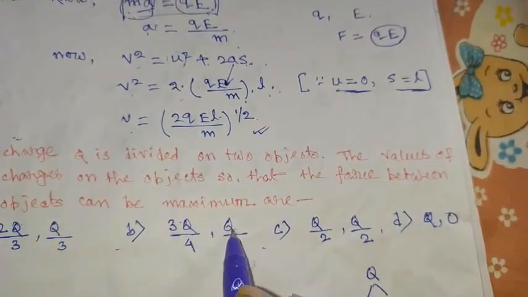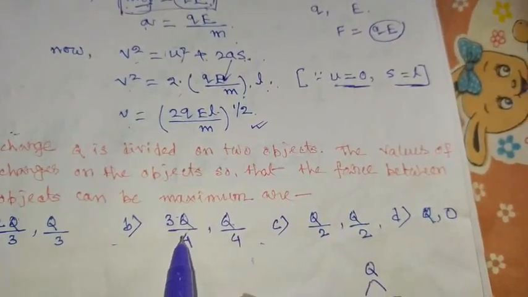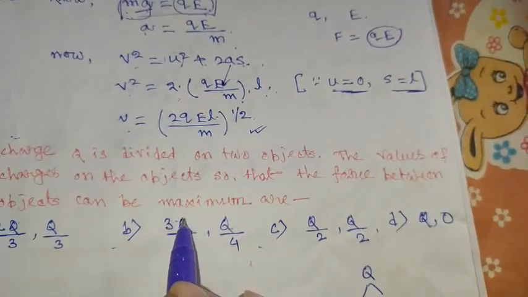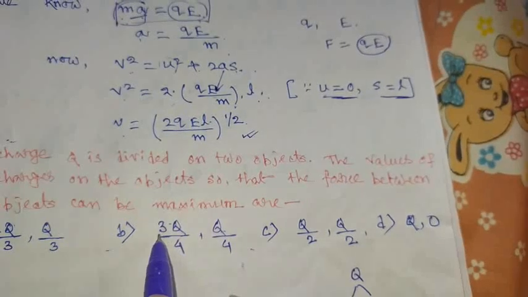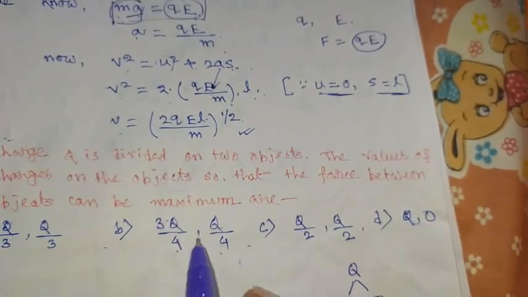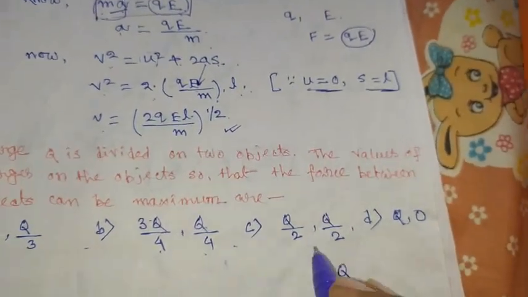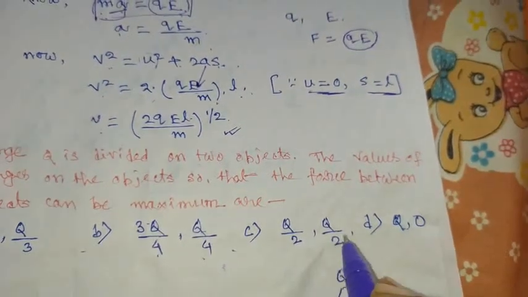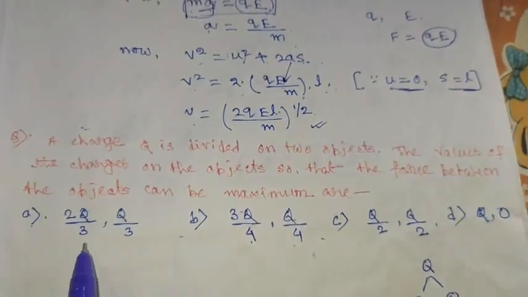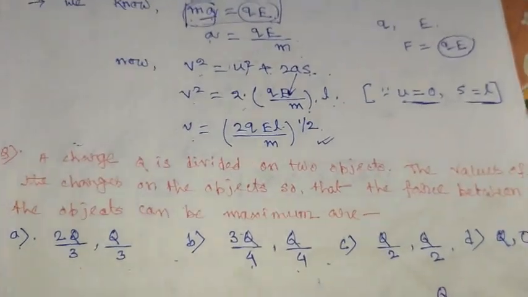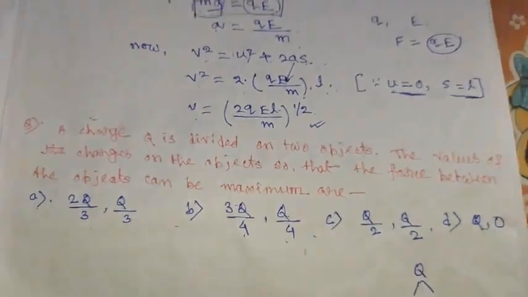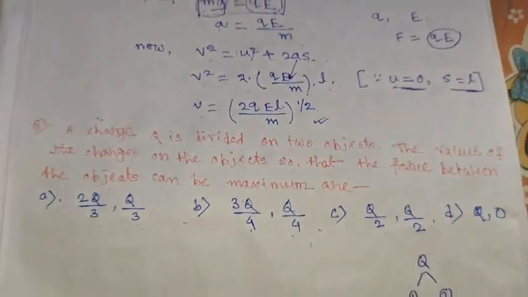In the question, in options A, B, C, if you see, the total charge of the two bodies is Q. If you add 3Q by 4 plus Q by 4, the result is Q. Here Q by 2 plus Q by 2 is also Q, and 2Q by 3 plus Q by 3 is also Q. That means total charge conservation is obeyed.